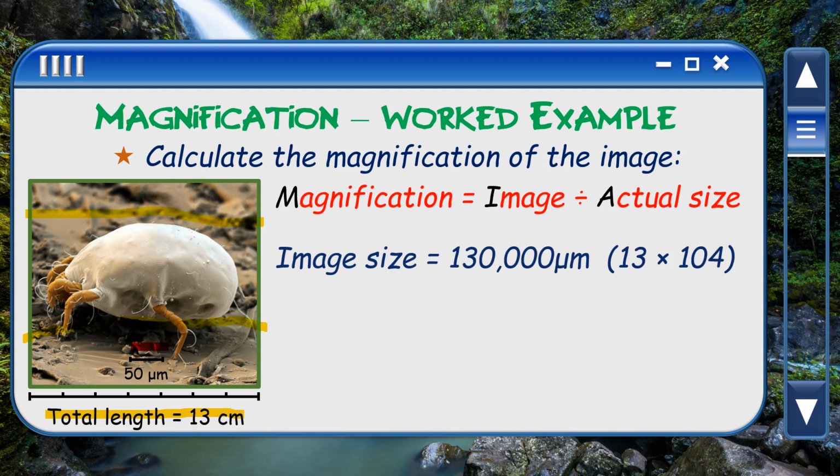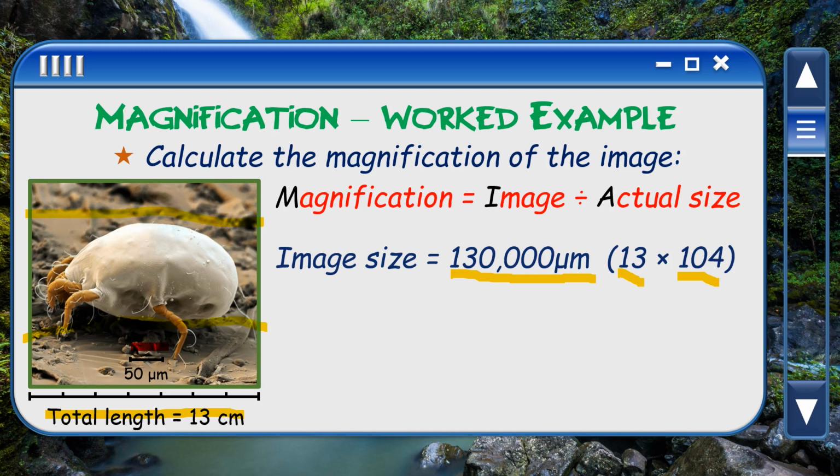To do that, we multiply 13 by 10 to the power 4. That will give us 130,000 micrometers.